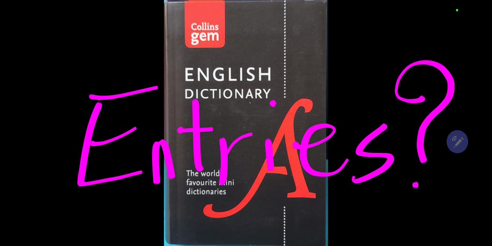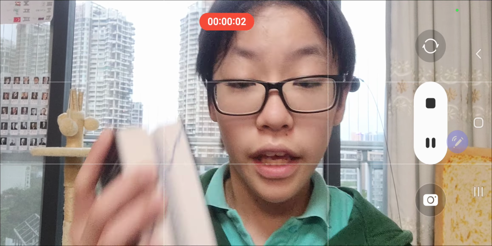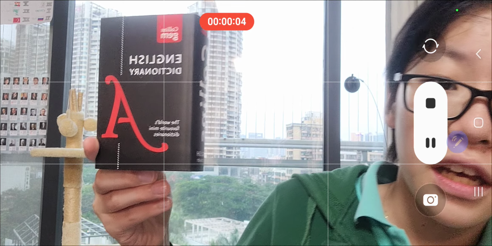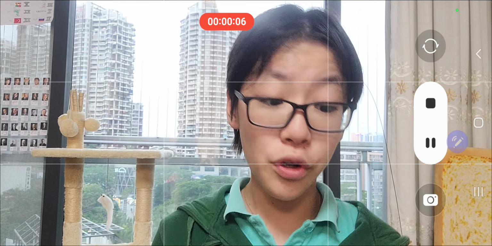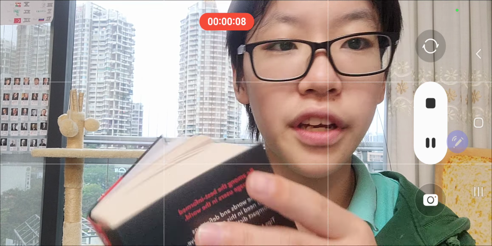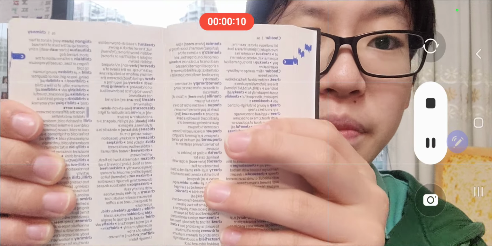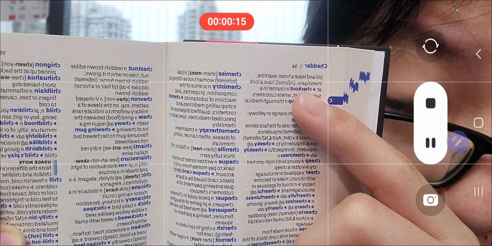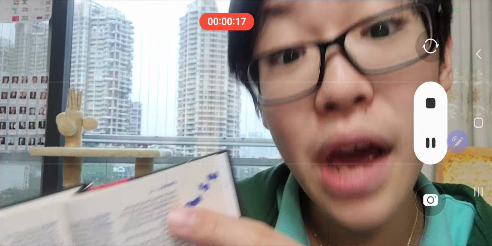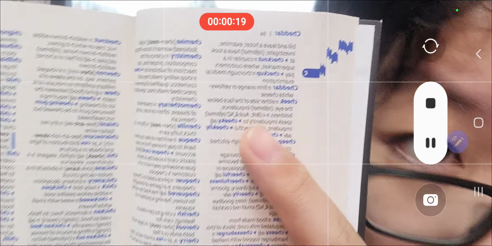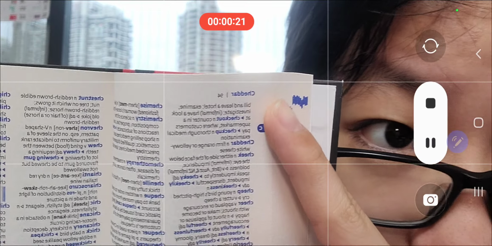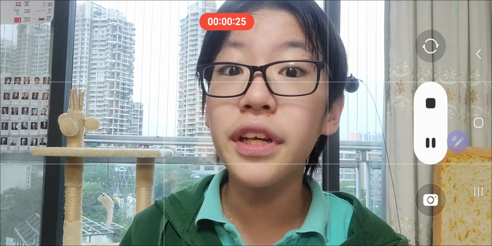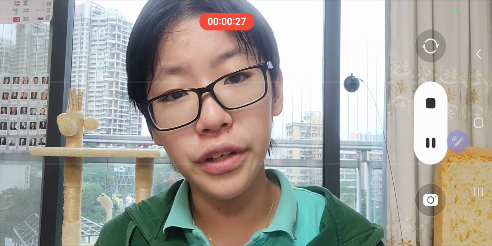Wait a second. Entries? What are entries? Well, entries are basically these little things, like there's always a word, right? This is an entry. Each word, each definition, and each history talking about the word is considered an entry.